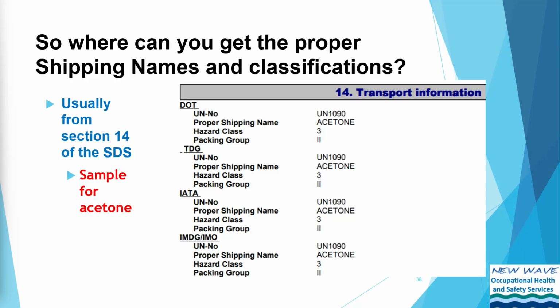IATA, the International Air Transport Association, setting out the rules for aircraft. And finally, IMDG, the International Code for the Maritime Transport of Dangerous Goods, setting out the rules for ships. In this case, all 4 use the same classifications. But as I said, in rare cases, they may differ.